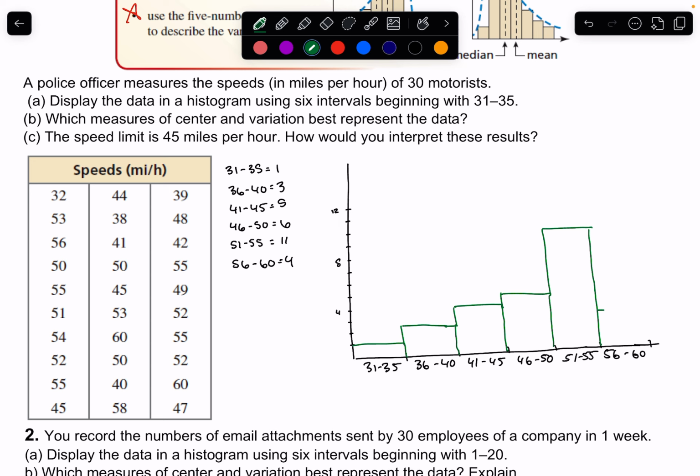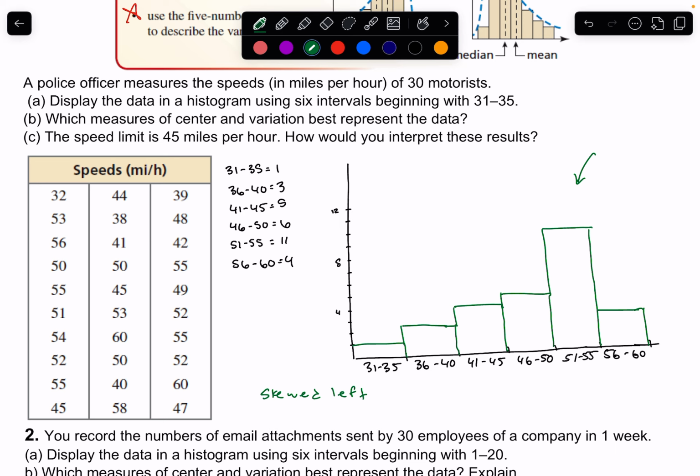All right. So when I look at this, the data is skewed, right? Here's the high point. There's a lot more data to the left than there is to the right. So I would say that it's skewed left. Whoops, that's not how you spell left. Did it ask me to, nope, it didn't even ask me.